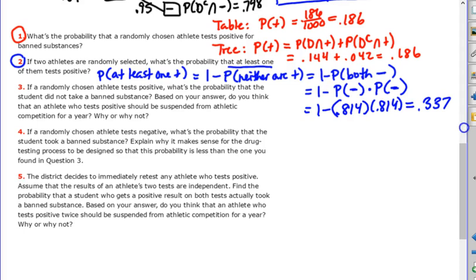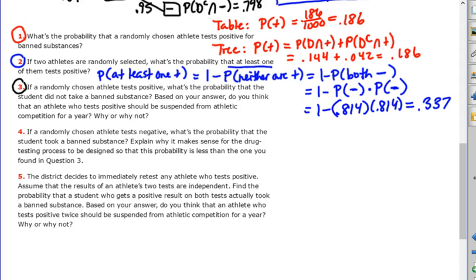Okay, third problem. If a randomly chosen athlete tests positive, what's the probability that the student did not take a banned substance? Based on your answer, do you think that an athlete who tests positive should be suspended from athletic competition for a year? Why or why not? So this is a conditional probability.